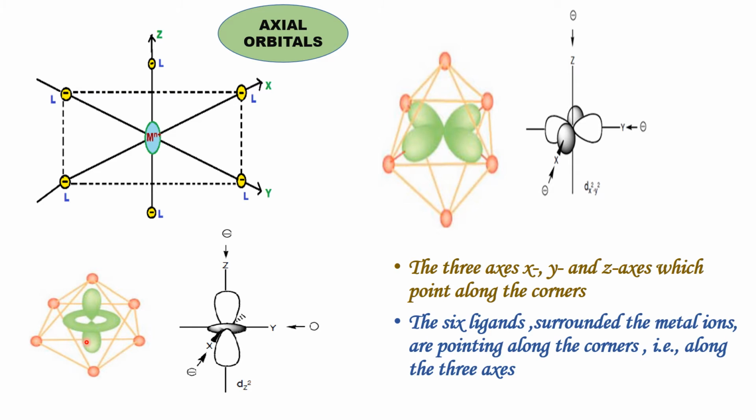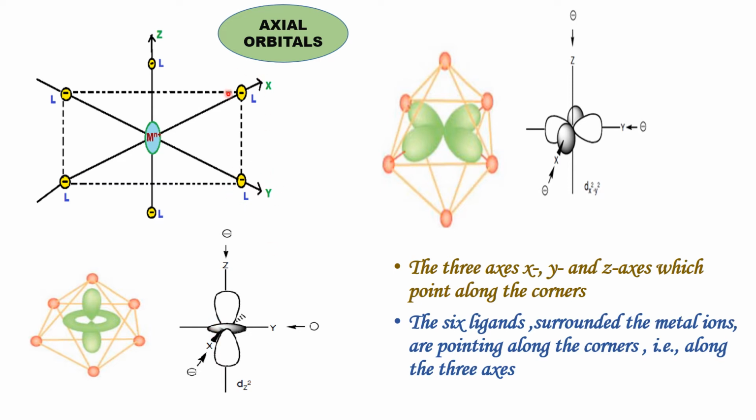These dx square y square and dz square orbitals are destabilized by the same amount by the ligands.